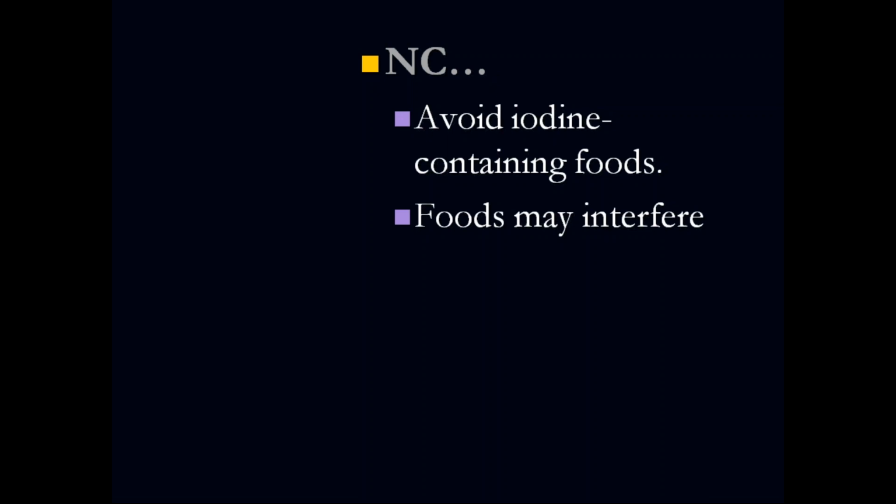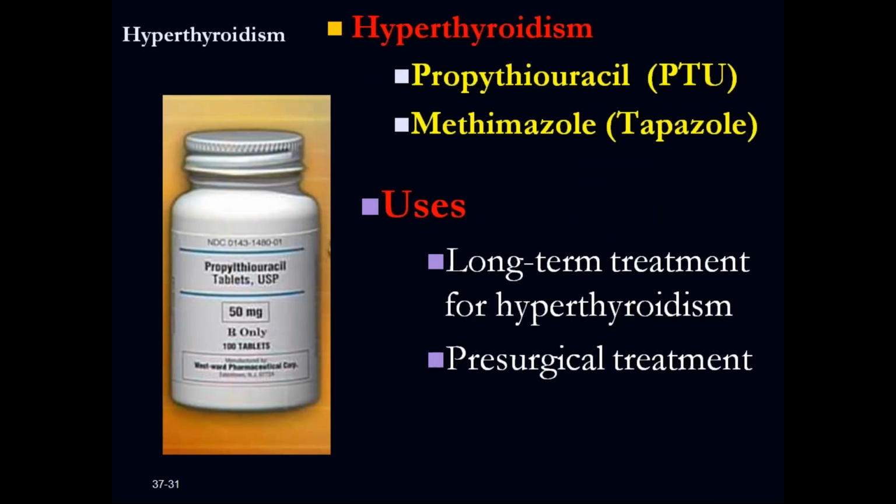Because when it's raining, the iodine is swept out from the mountains and goes down to the coast. So iodine concentrations are high in the ocean, in seafood. People who live in the mountains are more susceptible to goiter. Food may interfere; we were talking about the goitrogens.